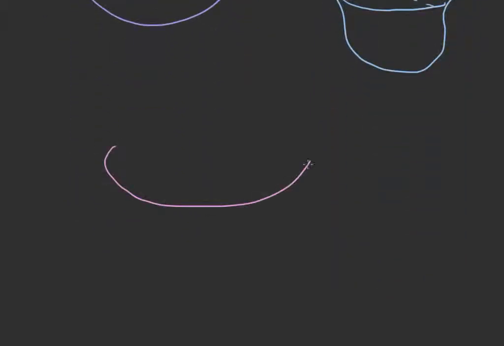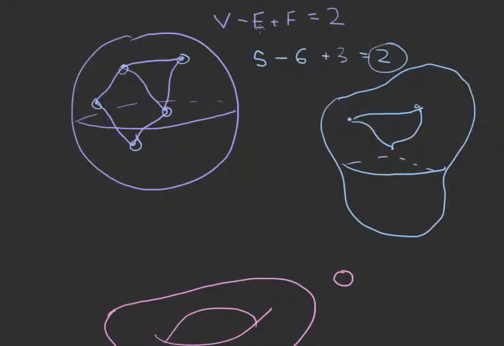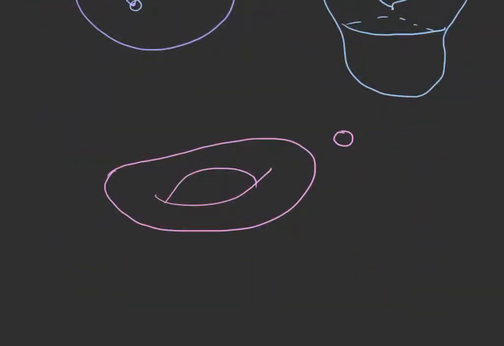The donut. If you were to do this with the donut, you don't get 2, you get 0, up to some certain restrictions. But the point is that this thing, vertices minus edges plus faces, which is called the Euler characteristic of a surface, is different for these guys than it is for the torus, the donut.